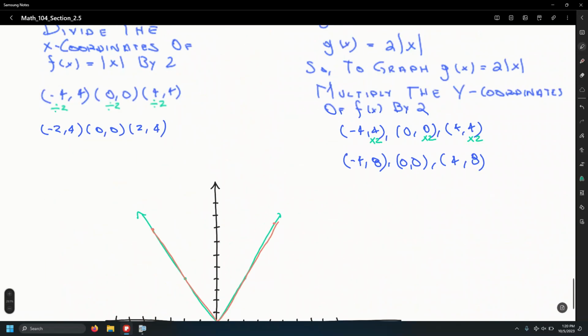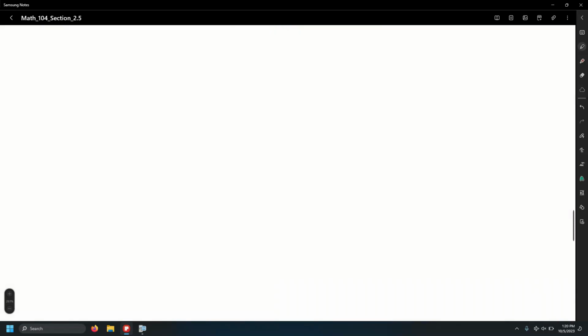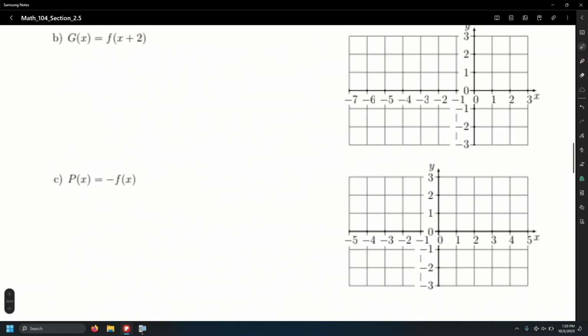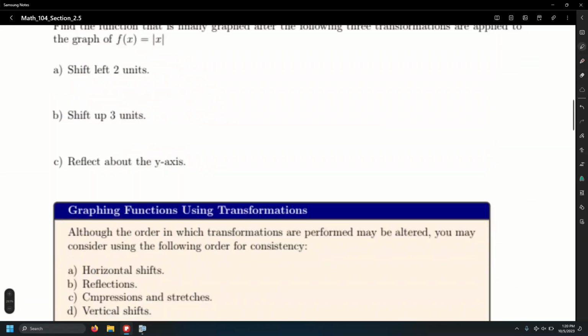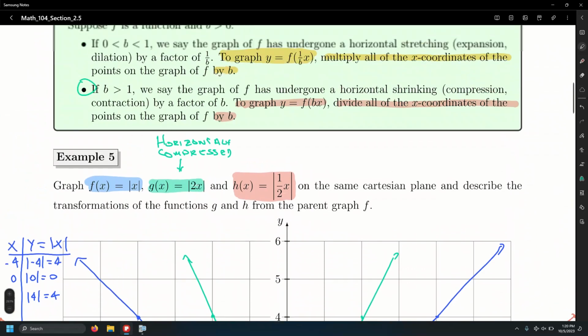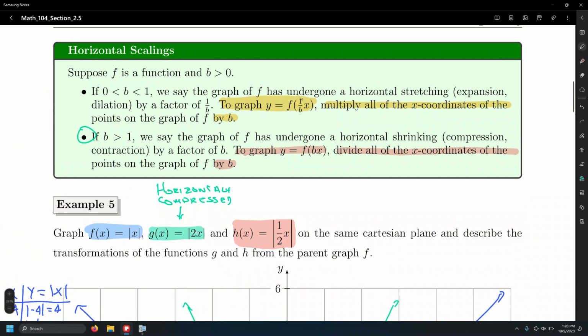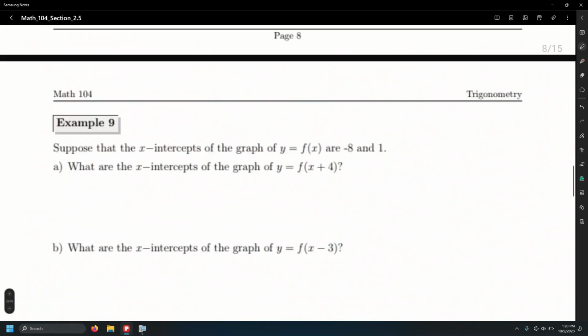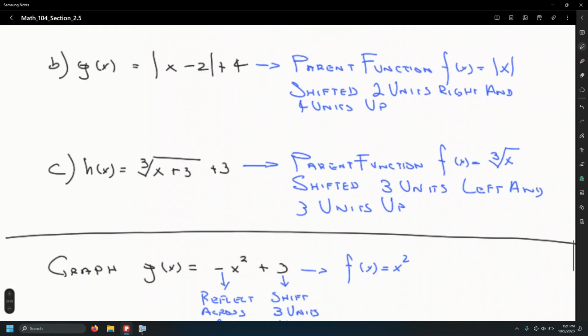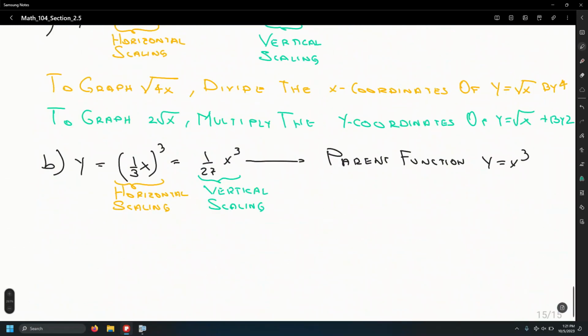Now, going with the guidelines to transform a graph of the form f of 1 over b x, let me go way back. Where is it? Oh, right here. So in this case, we will multiply by b on the x coordinates only.